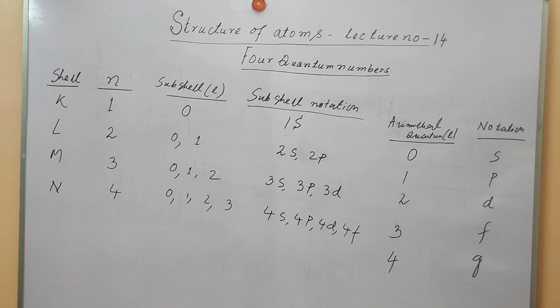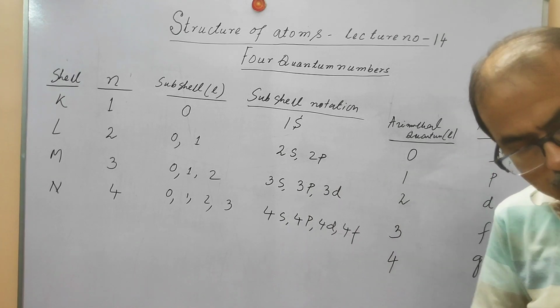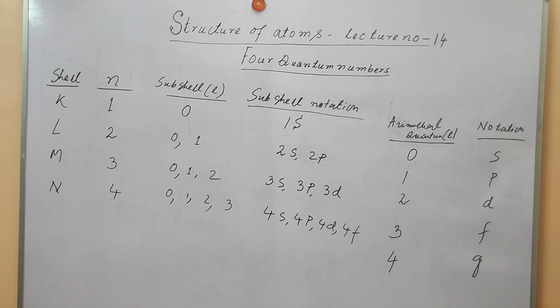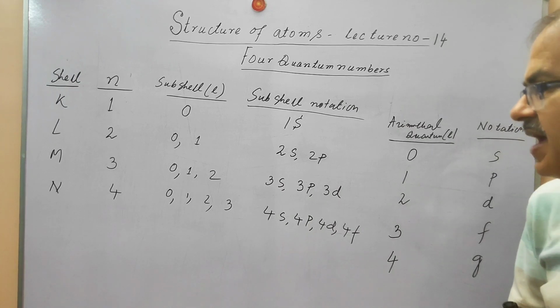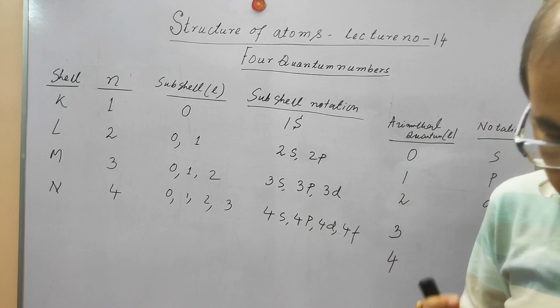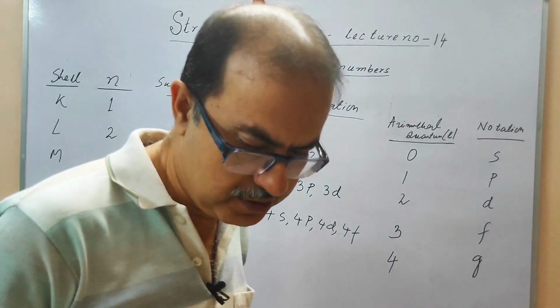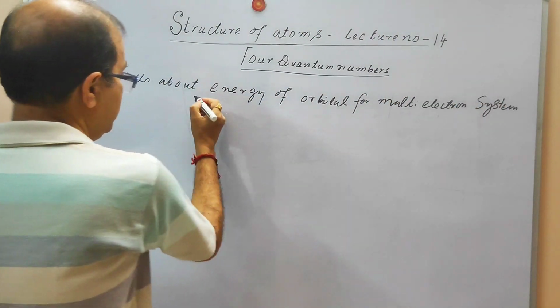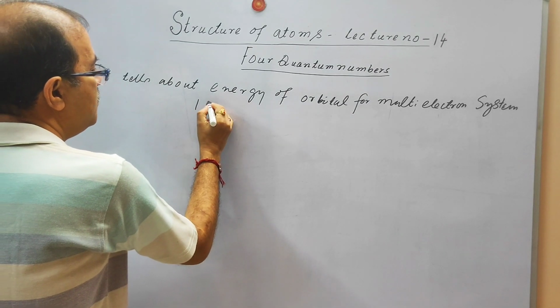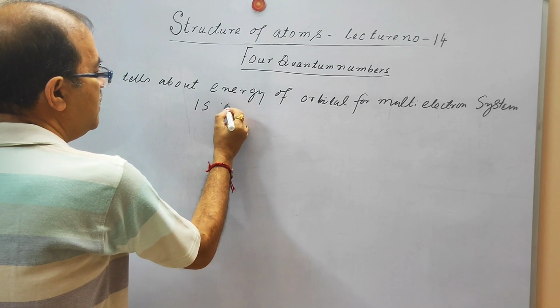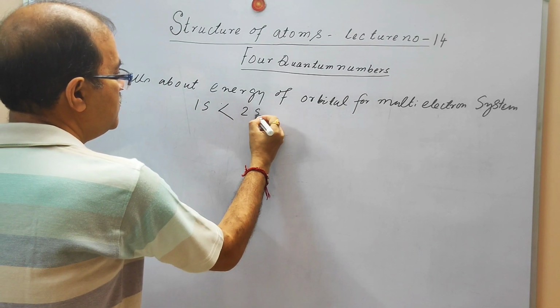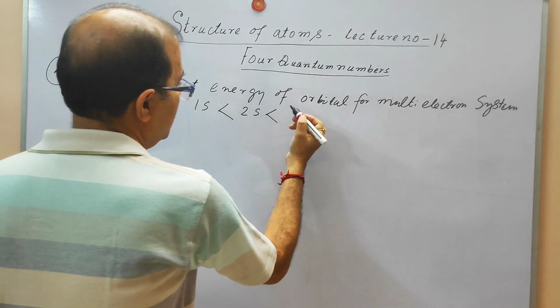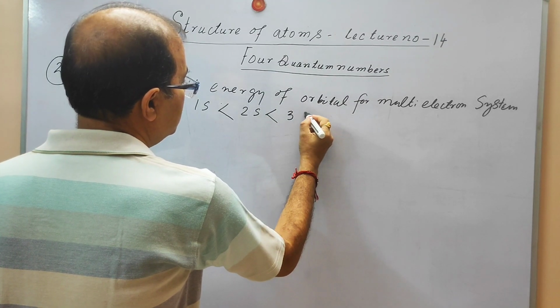So we understand the azimuthal quantum number gives us information about the subshell. Another important piece of information it gives is the energy: the 1s orbital has less energy than the 2s orbital, the 2s orbital has less energy than the 3s orbital, like this.